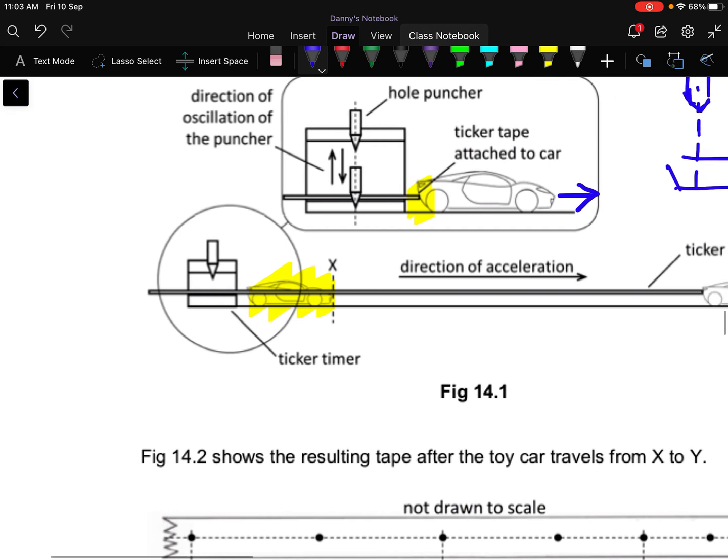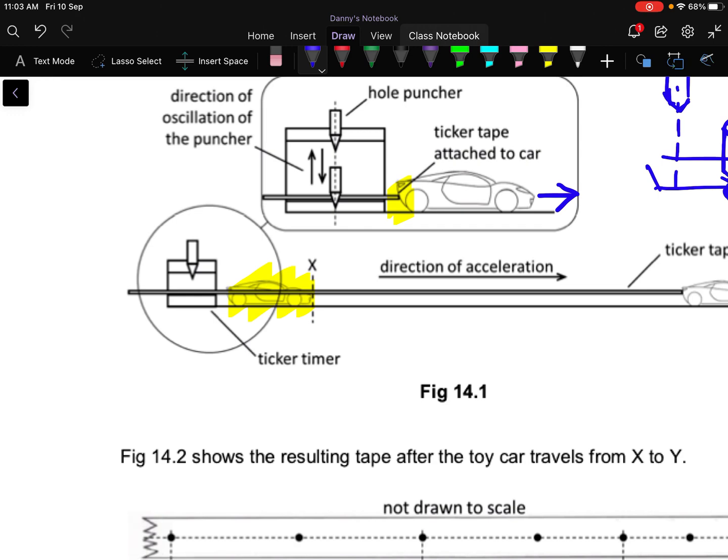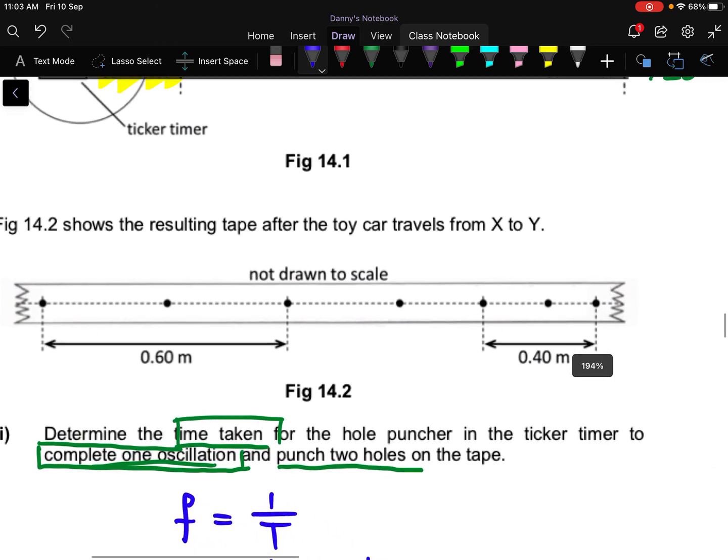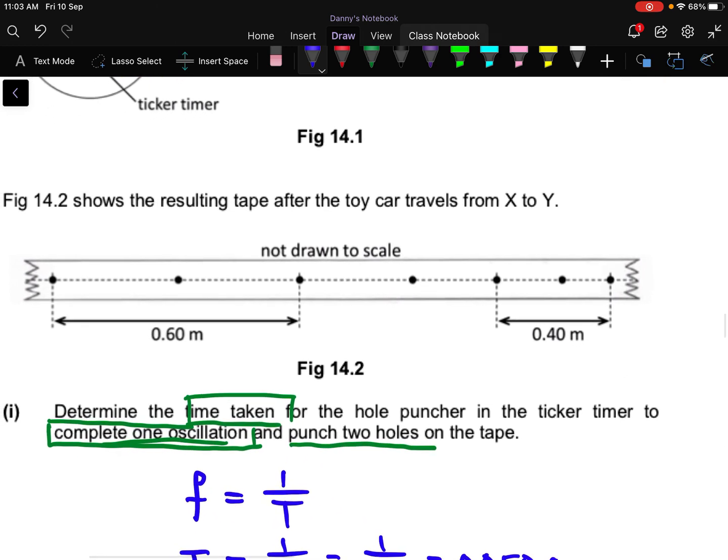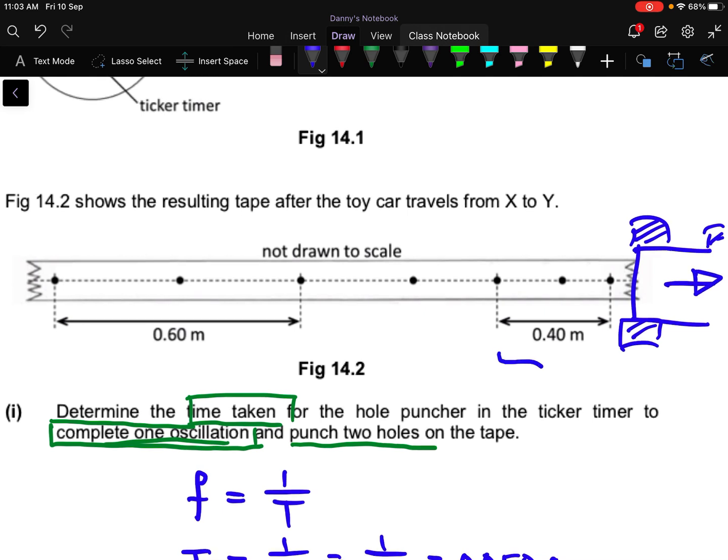As this car is traveling towards the right, it will pull along the tape, right? And as the tape is being pulled along, the holes will be made. In figure 14.2, you will see the complete tape. This is the part where it is attached to the car, and then it is pulled along this way.